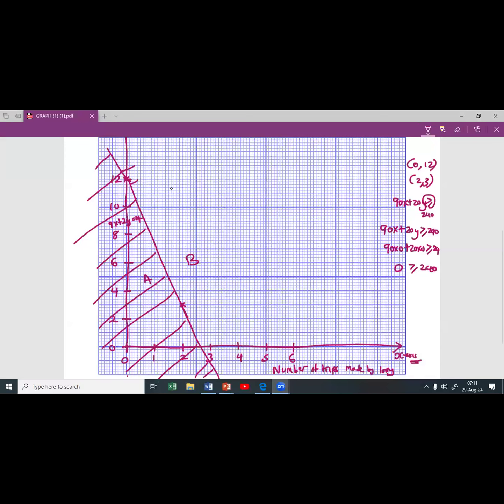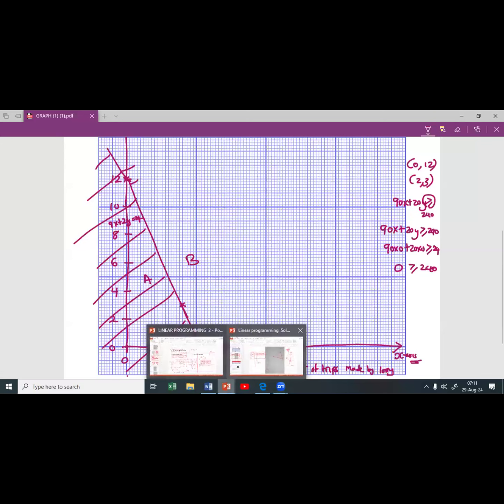I'm sorry to take you back, but I just wanted to ask, in the equation of 90x plus 20y is greater than or equal to 240, there's somewhere you put 2.